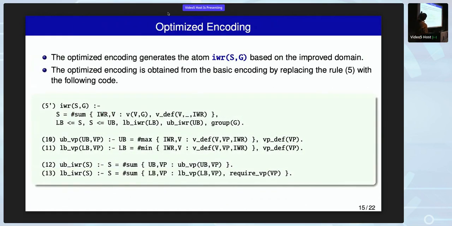The optimized encoding generates the atom IWRSG based on the improved domain. The optimized encoding is obtained from the basic encoding by replacing rule 5 with the following code. We omit the detailed explanation here.